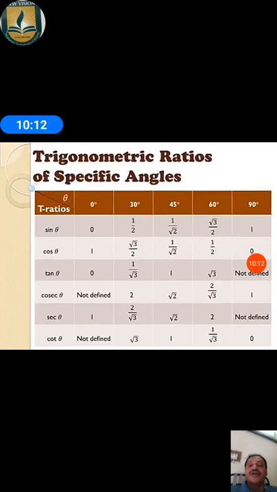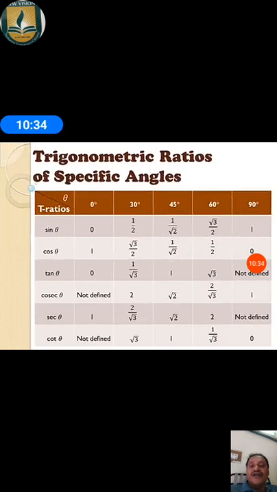This table gives you full information of those particular angles. Sine 0 is 0, sine 30 degrees is 1 by 2, sine 45 degrees is 1 by root 2, sine 60 degrees is root 3 by 2, sine 90 degrees is 1. How we have got all these values, with the proof, will be in the videos which I am going to upload.